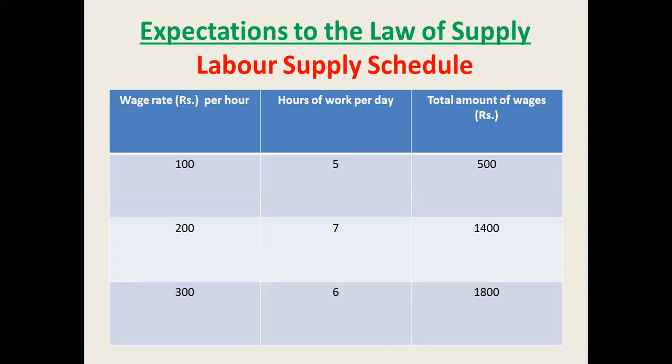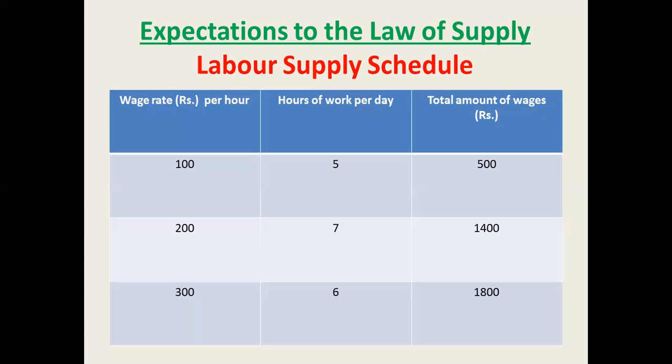But at one stage the laborer cannot provide more labor because he has to take rest, since he is tired. So in the first stage the supply curve goes left to right upward, in the second stage it is also upward, but in the third stage it is backward bending.